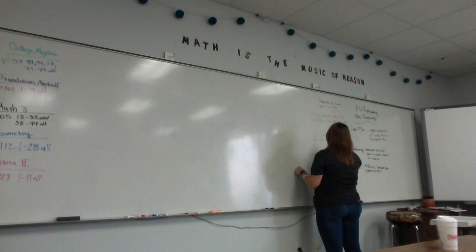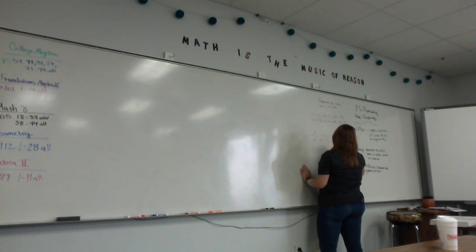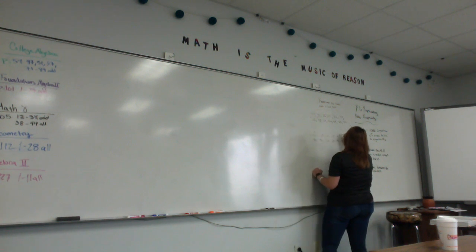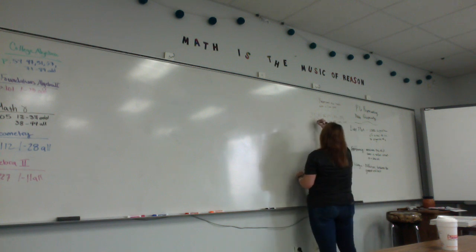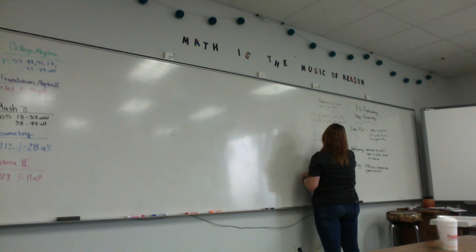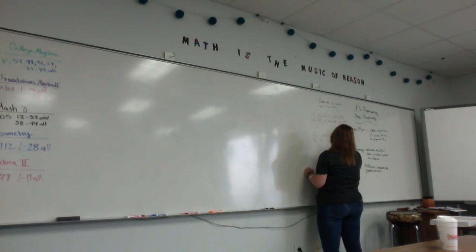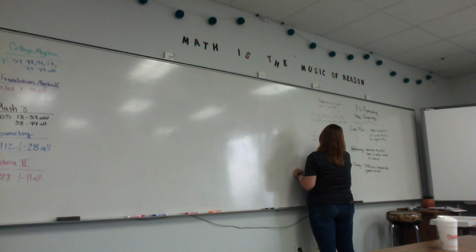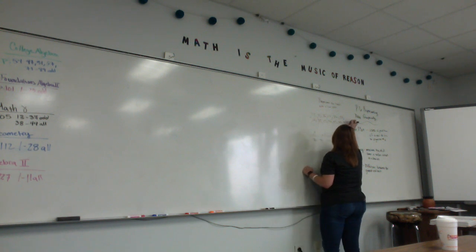At 67, oh, I lied. 67 is my lowest number. At 67, I'm going to put an X. At 86, an X. At 93, an X. At 82, an X. At 78, an X. At 83, an X. At 86, an X. At 84, an X. At 78, and at 77.